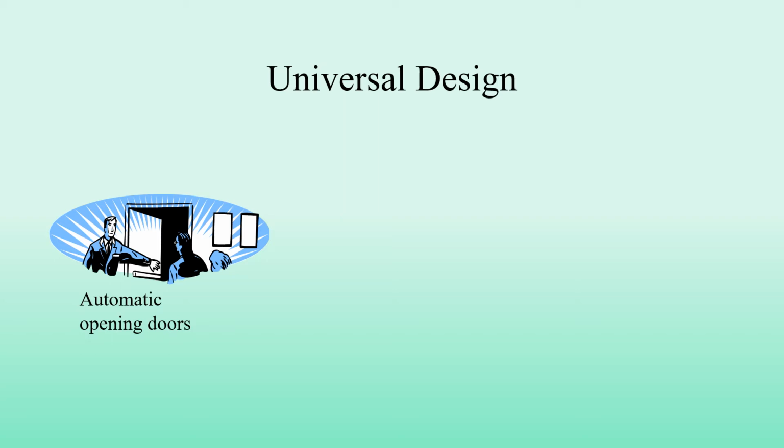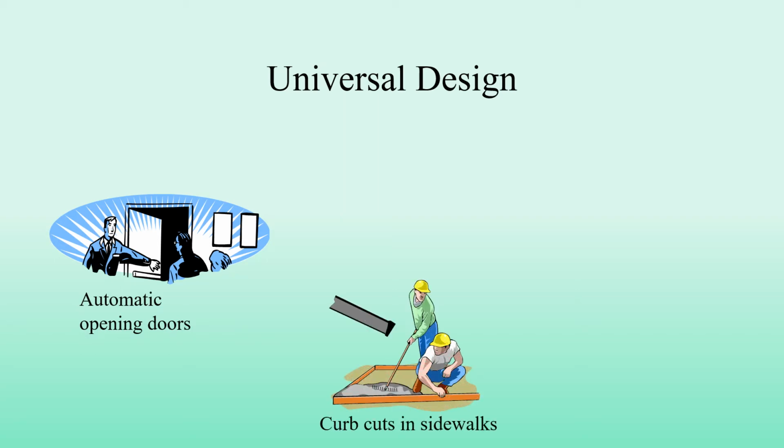Certainly we can understand that people who are coming in with physical disabilities would need to use doors that they don't have to stop and physically pull open, but rather they can press a button and it will automatically open for them. In today's world, a lot of people use those doors even though they don't have a physical disability. For example, if you're walking with a lot of books, or if you're coming in with a baby carriage or some other types of heavy materials, you may rely on those automatic opening doors to help you.